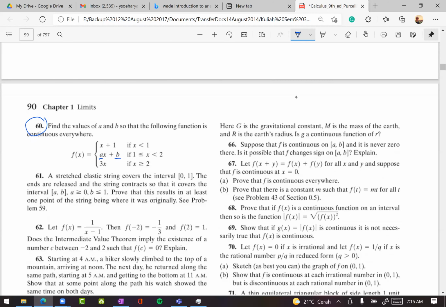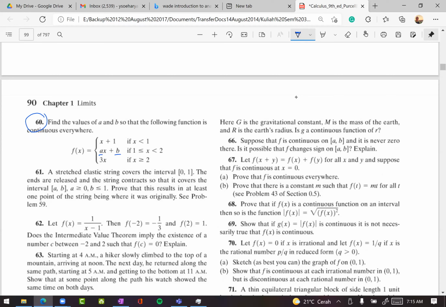Okay, you see the function. Let me tell the story about these functions. To the left of 1, this is x plus 1, so this is linear, it is a polynomial, so it is continuous, right?